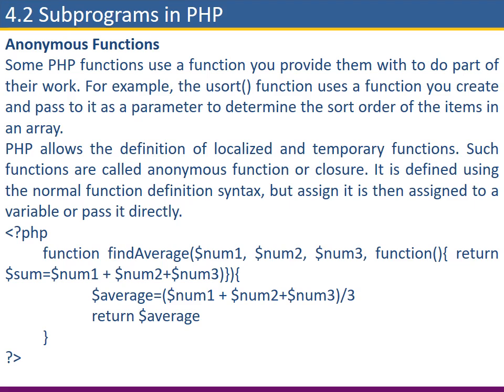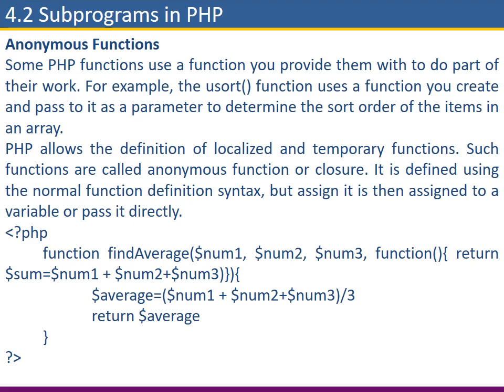Here in findAverage we are calling the anonymous function, which is passed as a function. It is supposed to be maybe a dollar sign operation or another function.